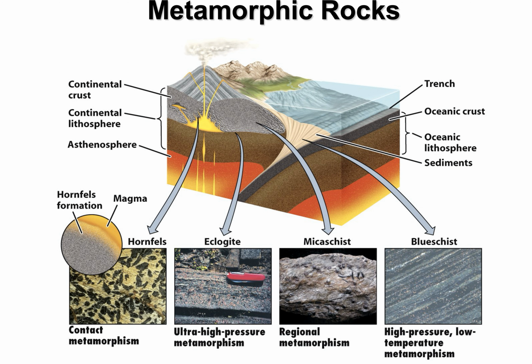Then we have, for example, the high pressure, low temperature metamorphism, and that happens, for example, also in collision zones, but that is a result of the subduction of oceanic lithosphere beneath the continental lithosphere.